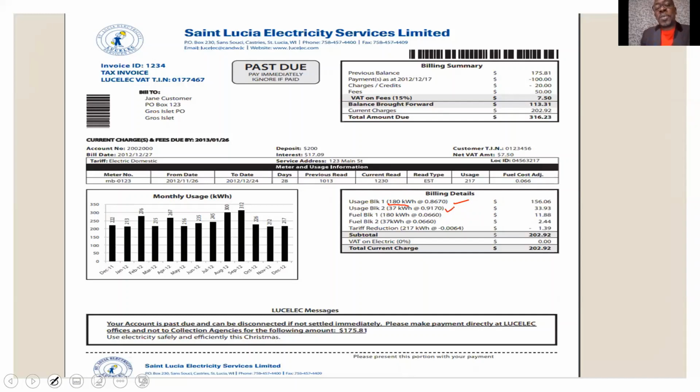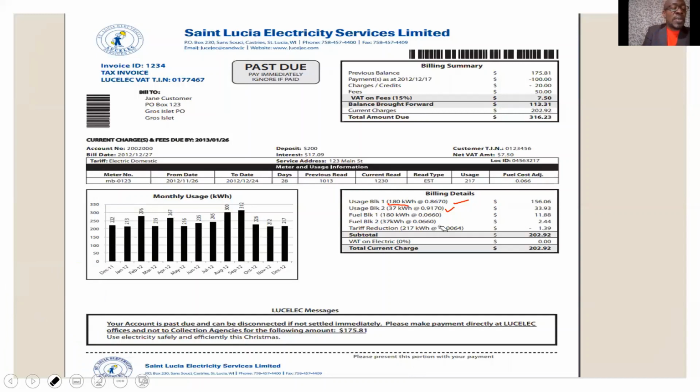And as I said before, although it seems to be separated, for the fuel component for this bill, all 217 kilowatt hours is charged at 6.6 cents. Okay, and in this instance, there is a slight variation as shown.